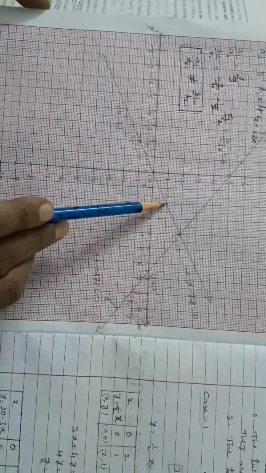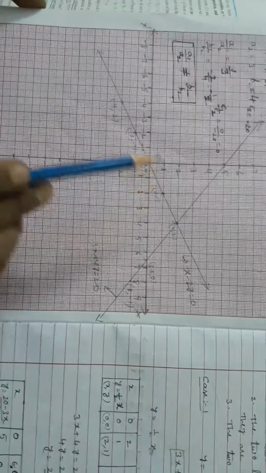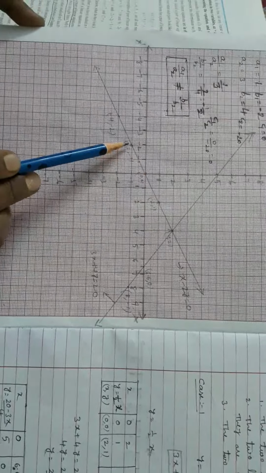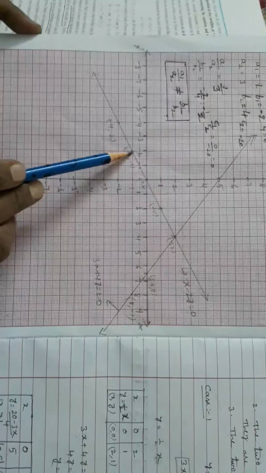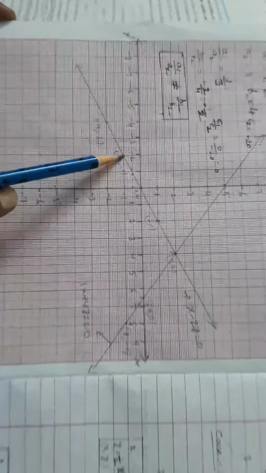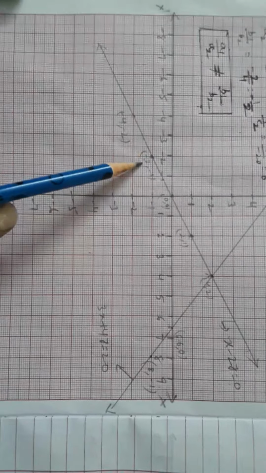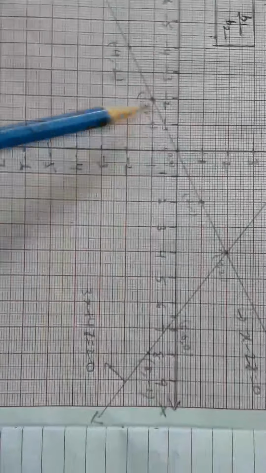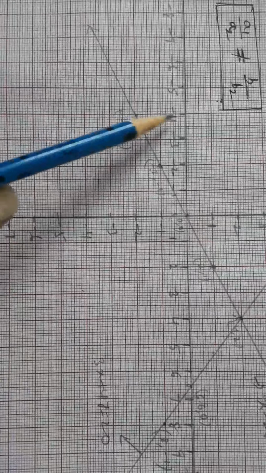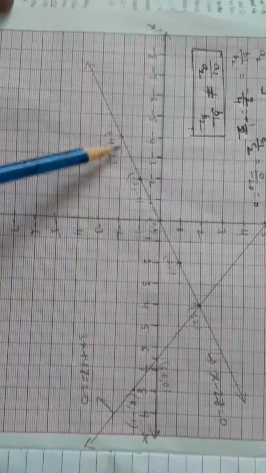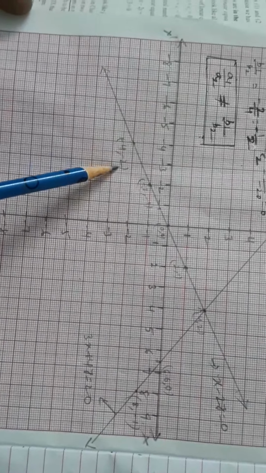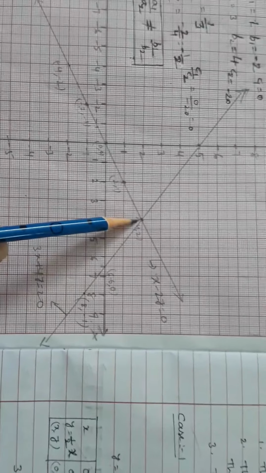Next point is 2 comma 1. Next point is minus 2 comma minus 1, so this is minus 2, this is minus 1. Next is minus 4 comma minus 2, and the next point is 4 comma 2.